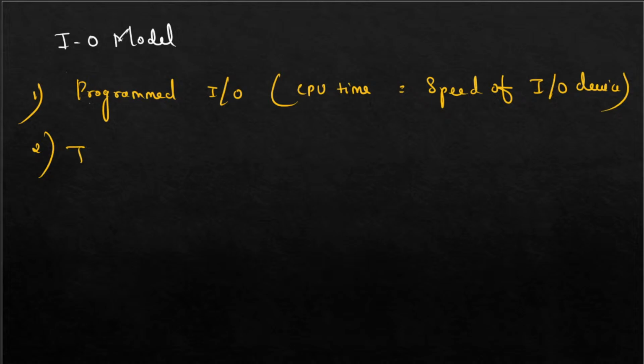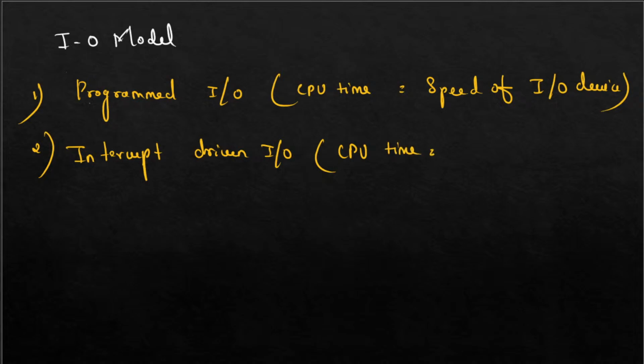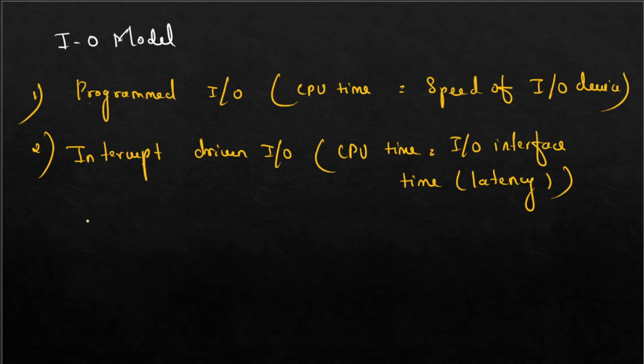Second is interrupt driven IO, which is CPU time equals to IO interface time latency. Third is DMA. Okay.